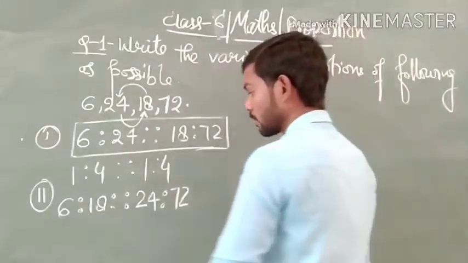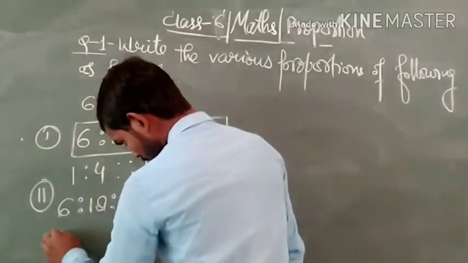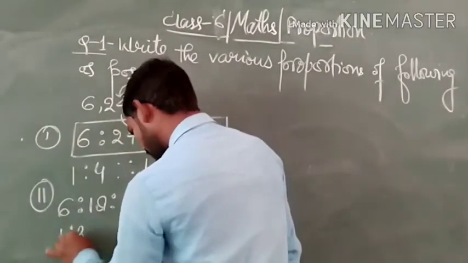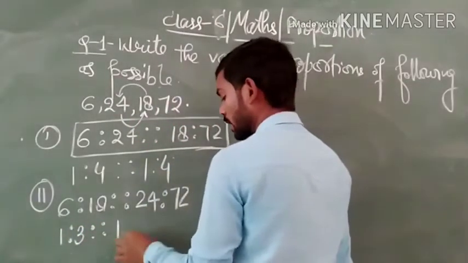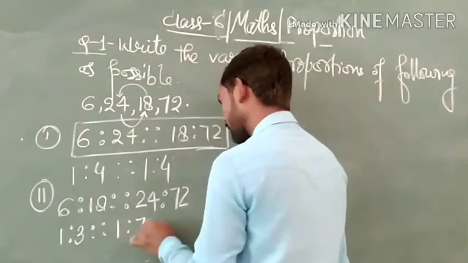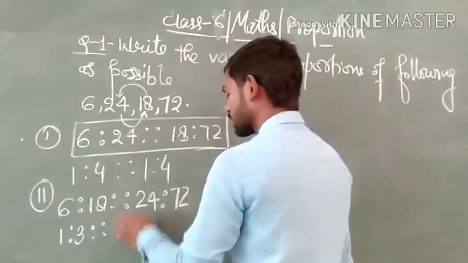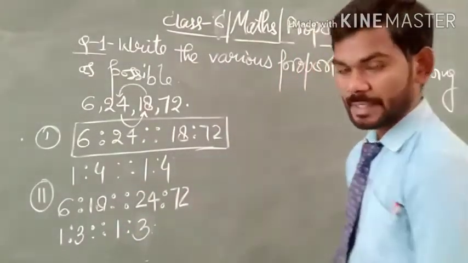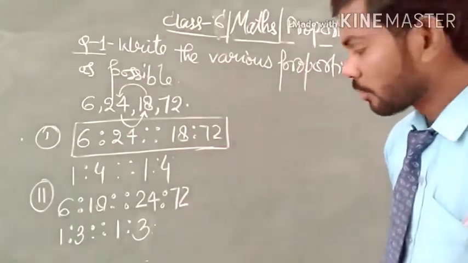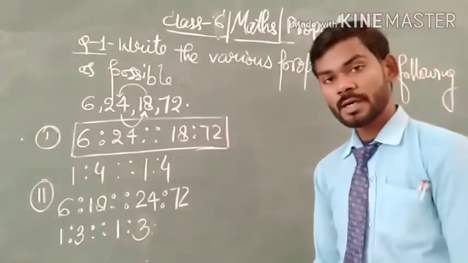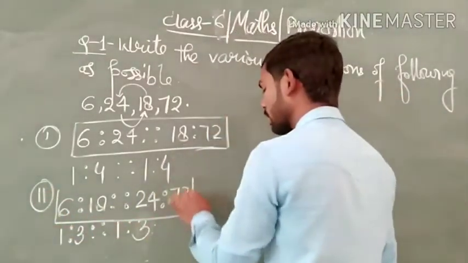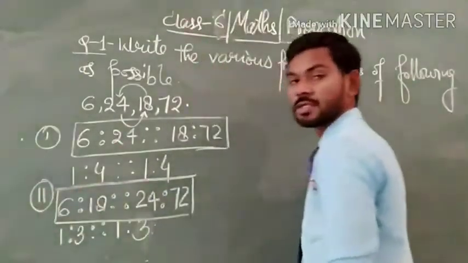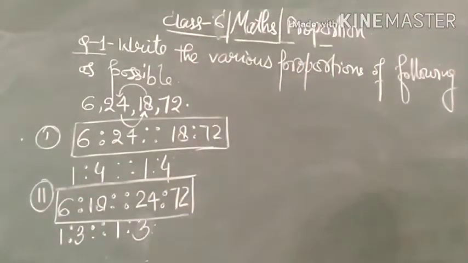When we solve we get 6 by 6 is 1, 18 by 6 is 3, proportional to 24 by 24 is 1 and 72 by 24 is 3. So in the second case, both ratios are equal and hence this order will also be in proportion. So this is the second case in which we can write the given four numbers in proportion.